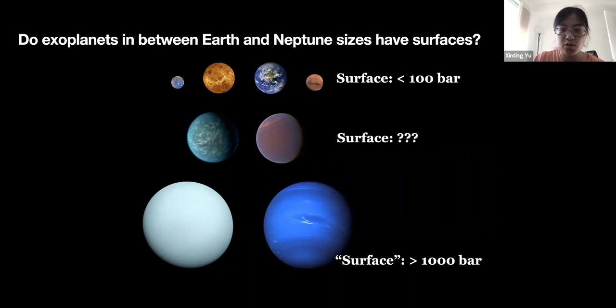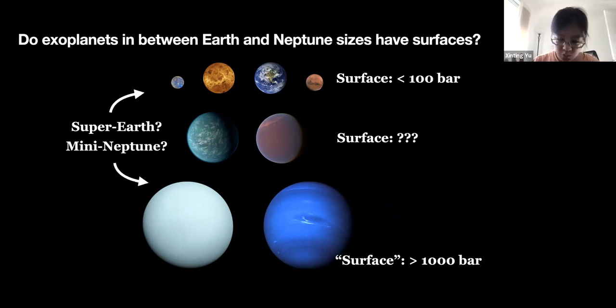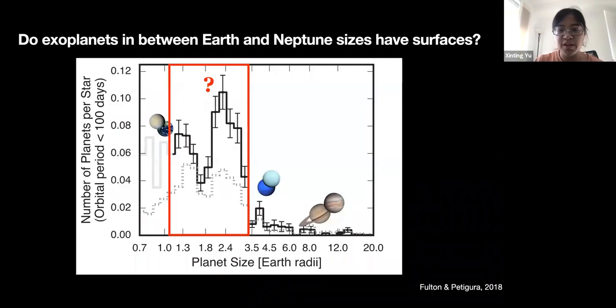Are they closer to the so-called super Earths, the terrestrial planets with shallow surfaces, or closer to the so-called mini Neptunes, which have deep surfaces and thick atmospheres? This is really important because these intermediate sized exoplanets are found to be the most abundant discovered so far. So we really need to know which type they are closer to.